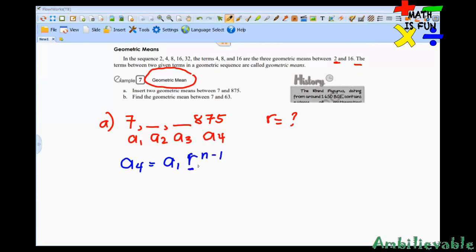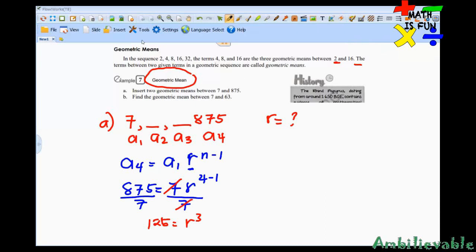Since A sub 4 is 875, A1 is 7, the ratio is unknown, and n is 4 minus 1, because we have 4 numbers. So 875 divided by 7, you get 125, equal to R raised to 3.